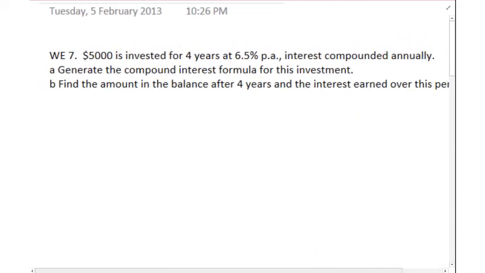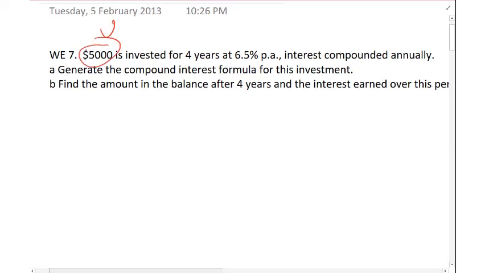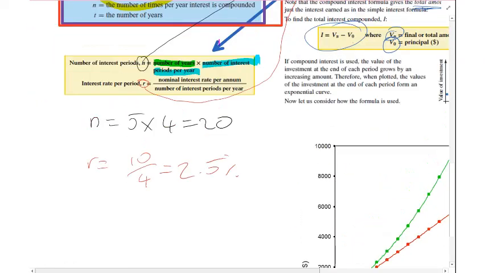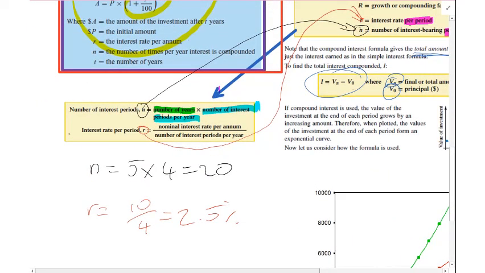Let's come back a little bit bigger. 5,000 is my V0. That is my N. That is my R. And we notice that that's per annum, so that means per year, but it's actually compounded annually. So that means once a year. In this case, we don't have to worry about this one here, or this one here.